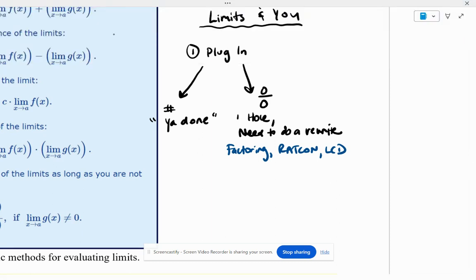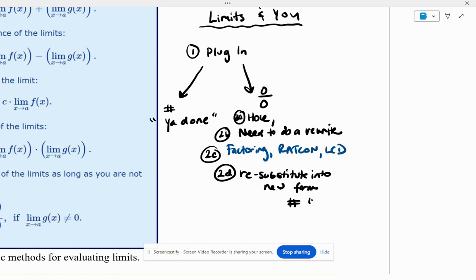So it's kind of like mini step 1A or 2A, 2B, 2C, 2D is holy scary. Now you're going to resubstitute into the new form. You should get a number, and then that's your answer. If you don't get a number, that means maybe you missed a factor or like you didn't pick the right LCD or something. Once you do the algebraic rewrite, you should get a number when you resub.